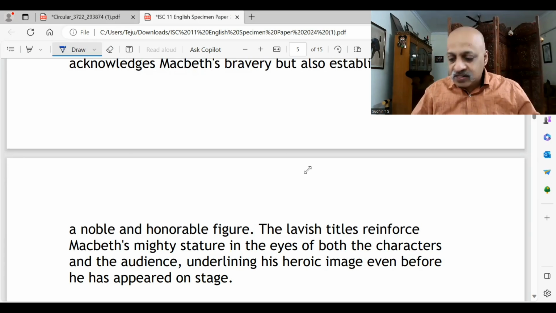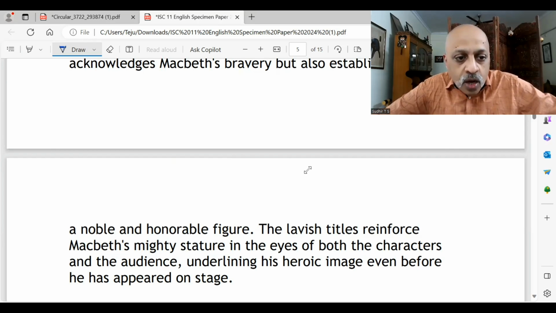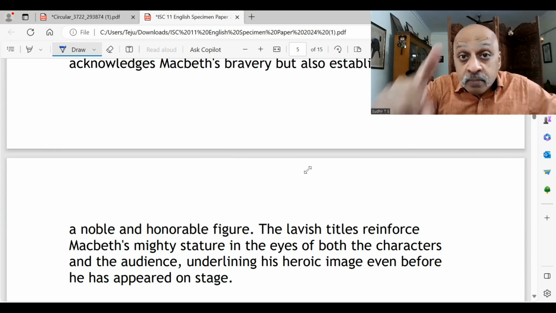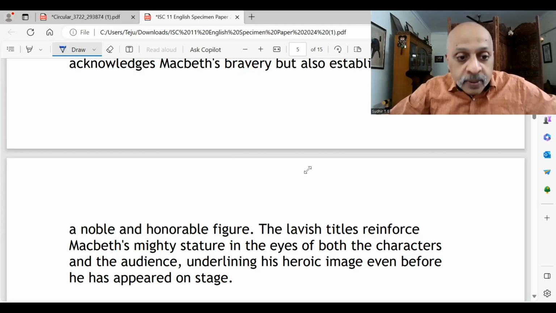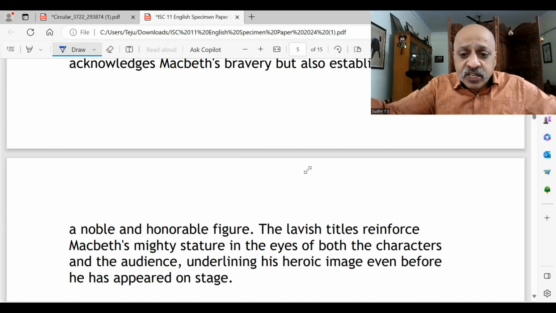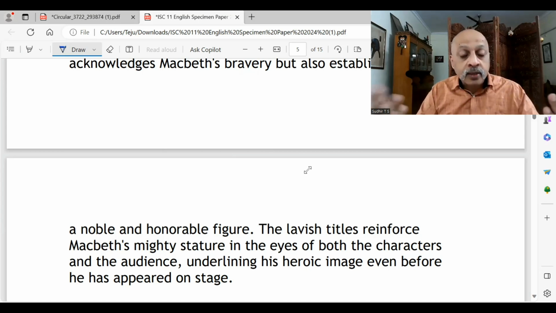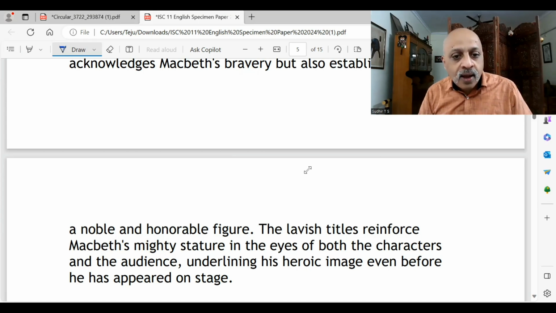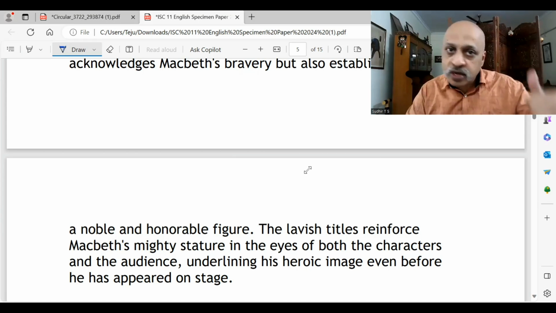And the lavish titles, like worthy gentleman, valiant cousin and so on, the kind of titles they use, raise Macbeth's stature, because remember, you have not yet met Macbeth, and before that you are hearing so much about him. It elevates his stature in the eyes of both the other characters who are listening to Duncan and the audience, underlining his heroic image even before Macbeth has actually arrived on stage.